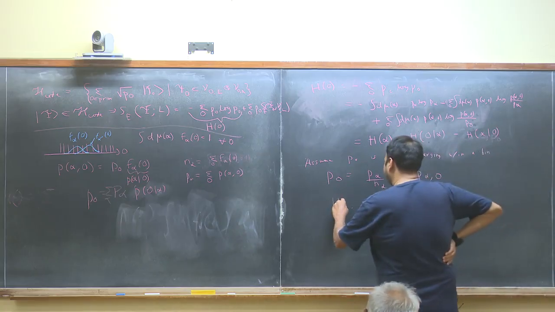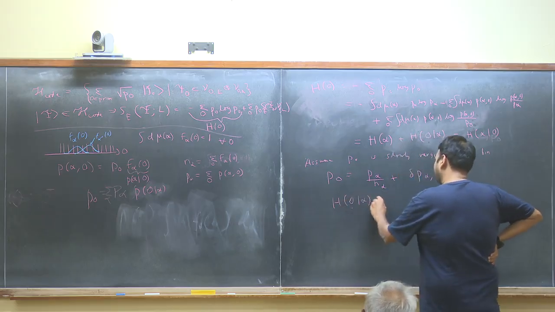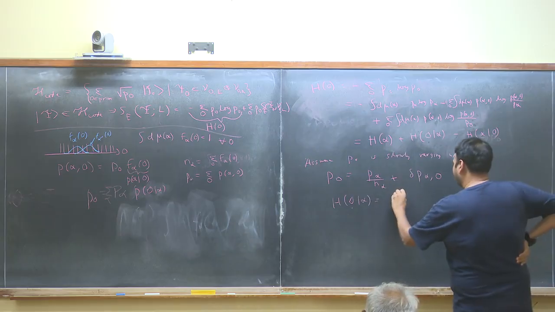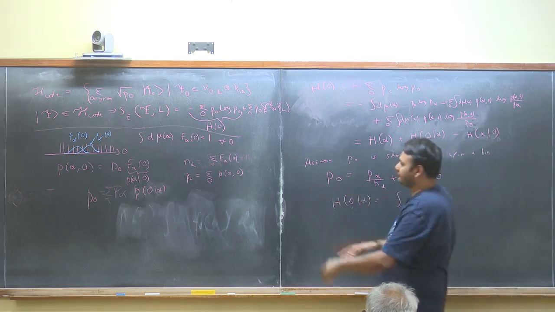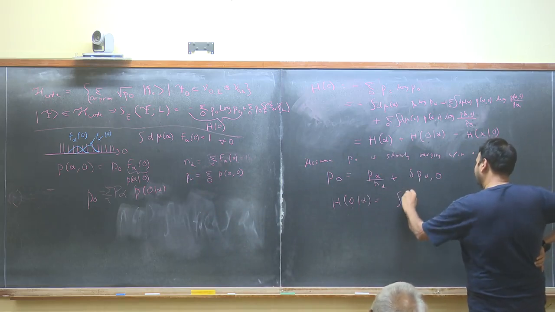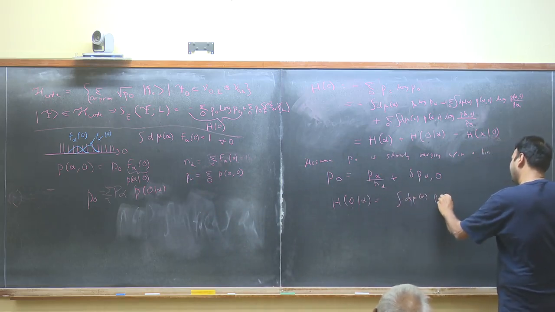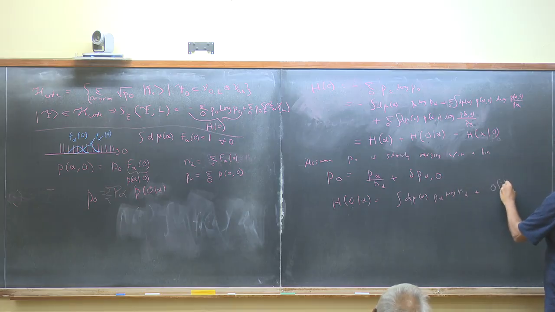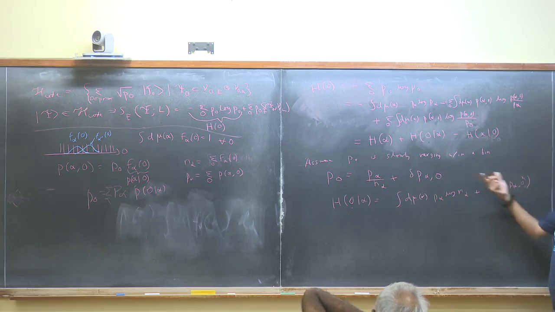And what you find is that H of O given alpha is dominated by this n alpha here. What is n alpha? n alpha is the number of states in the bin. So you get the integral of d mu alpha p alpha log n alpha, plus order of delta p alpha O squared, so it's quadratic in the error.